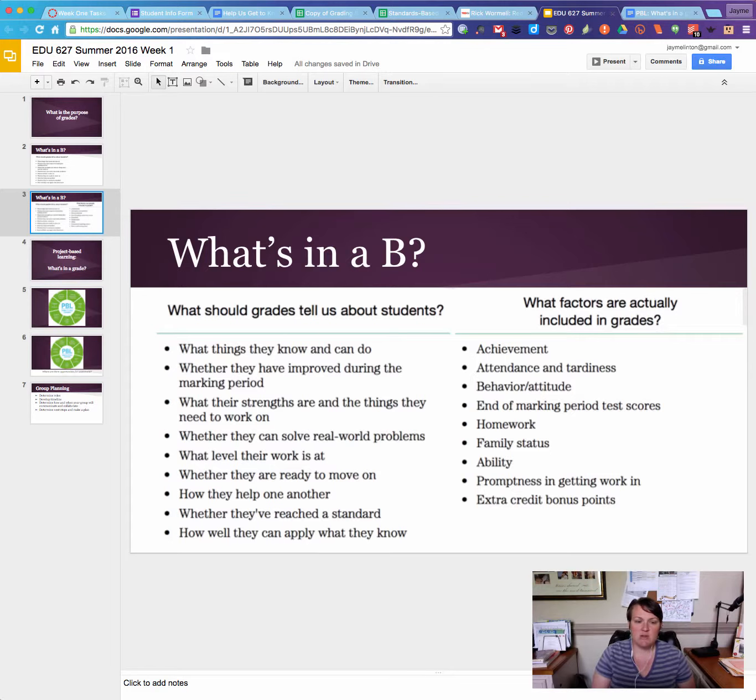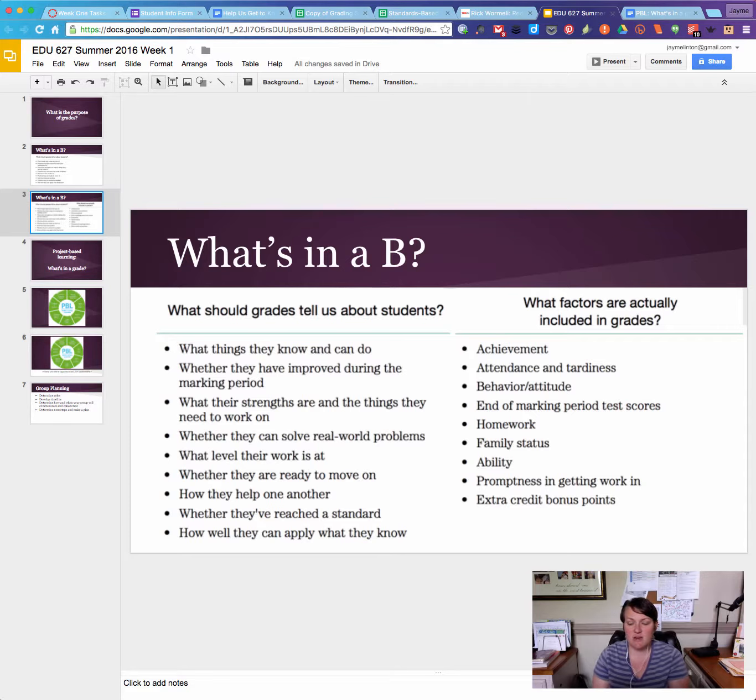And these other issues, family status is an interesting one. And I would love to hear the teacher's rationale as to why they included this on the list. My guess would be that they don't directly include family status, but that the status of the family does in some way influence the grading practice. For example, you have some students who go home with help for homework.